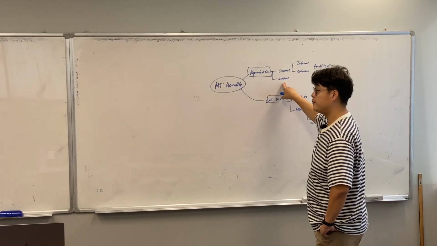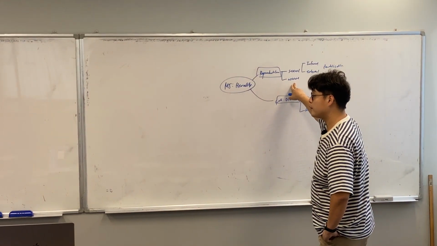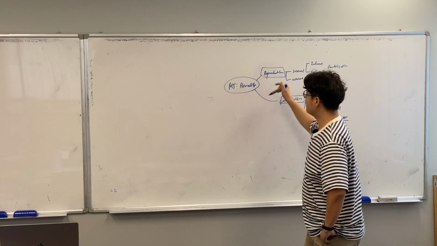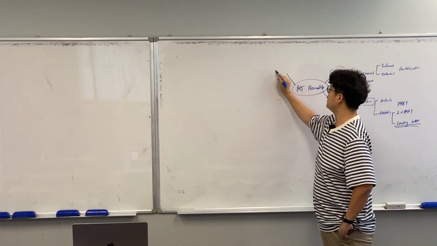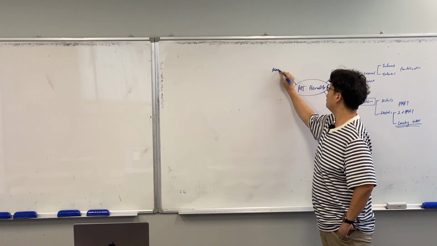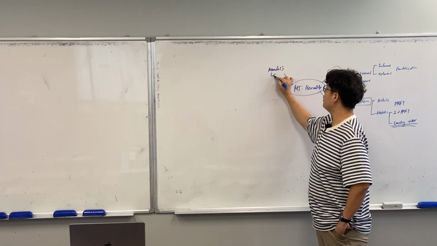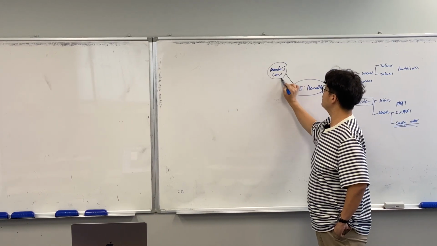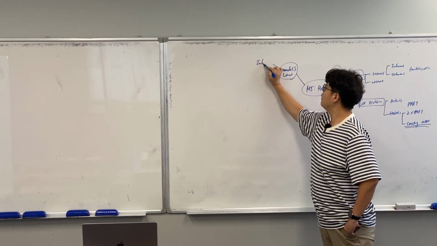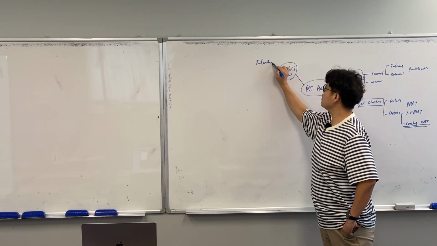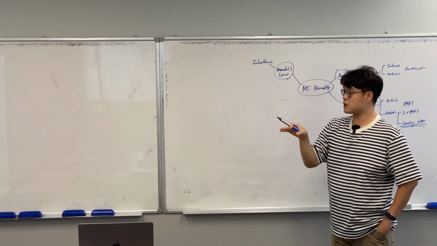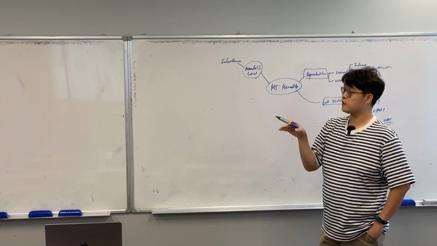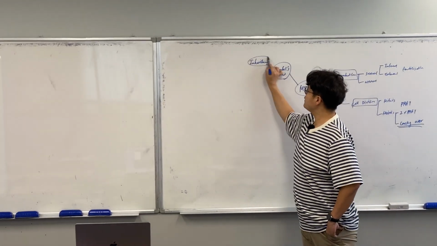We learned about sex-linked inheritance. So pedigrees, or Mendel's law, or inheritance. Can you tell me a little more about those? Okay, sex-linked. Okay, inheritance. A little bit more about this, please.